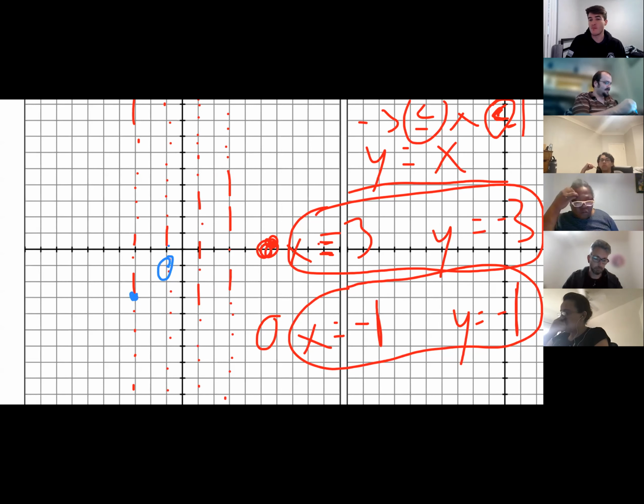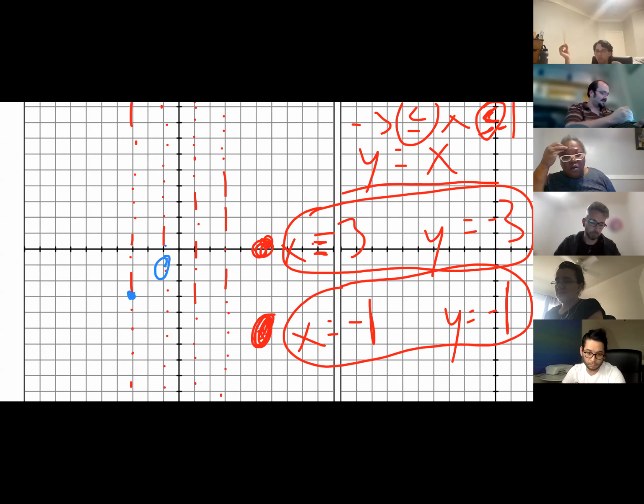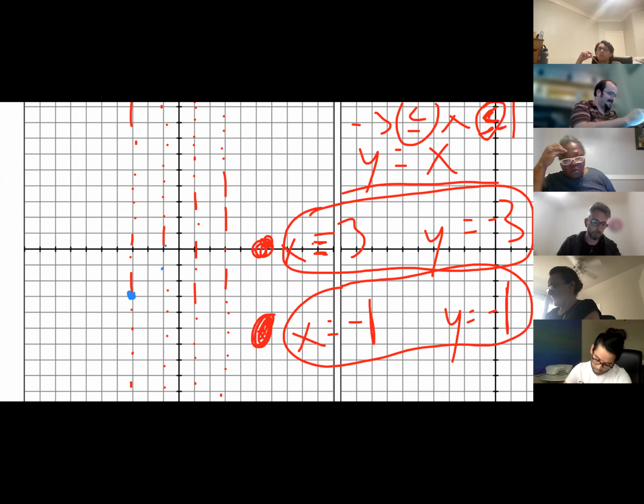You're right. It does have the equal to on that one. Sorry, I copied the problem down wrong. So if it has the equal to, it includes the point. We're including both of these points. You're right, thank you.